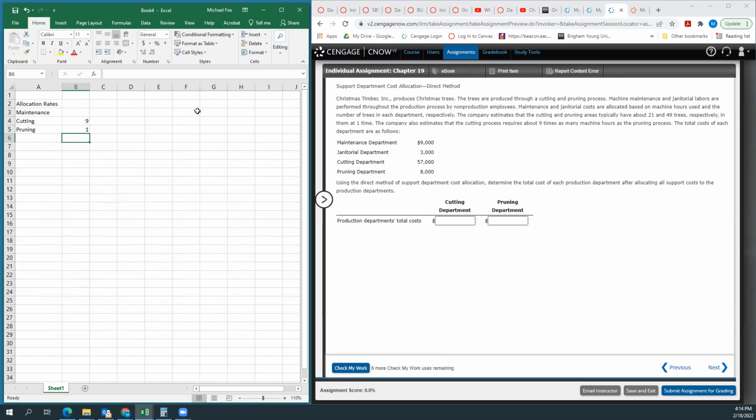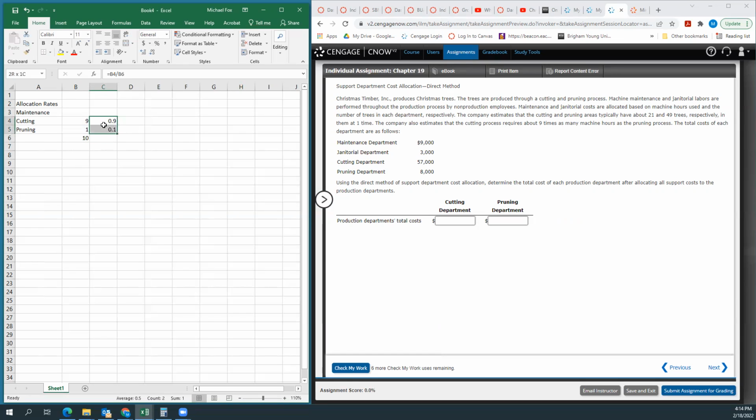Our total is just those two added up. And then our allocation rates are just going to be the number of machine hours of cutting divided by the total number of machine hours. And the same for pruning, the number of hours of pruning divided by the total.